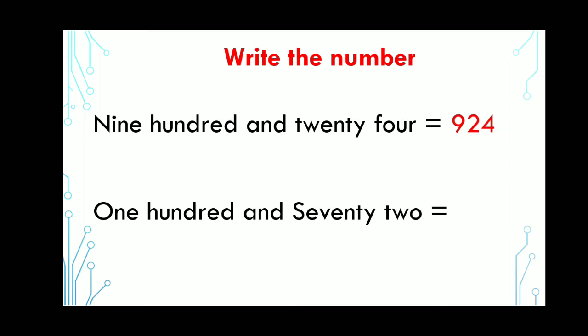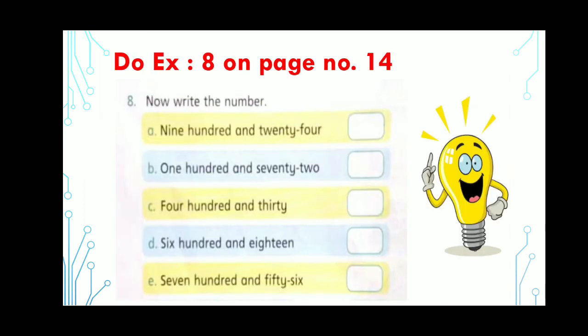The same is done in another example. 172. It will be 172. Now open page number 14 and do exercise 8. Now write the number. Hope you understand how to write the number with the help of the given name. So students, complete all the given parts of this exercise in your book.